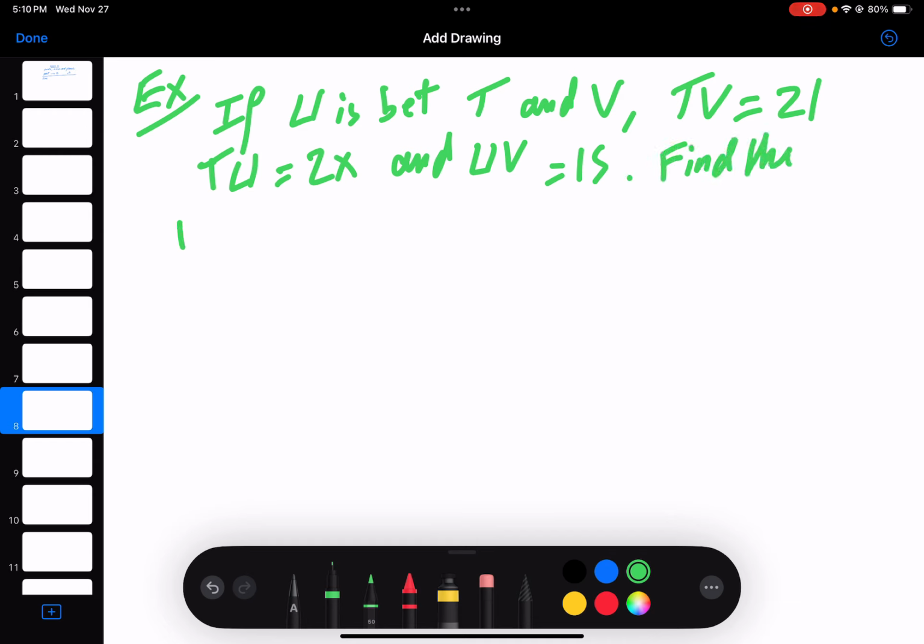Find the value of x, right? So in those cases, do not try to do it in your head. We'll just start drawing, and we'll figure it out.